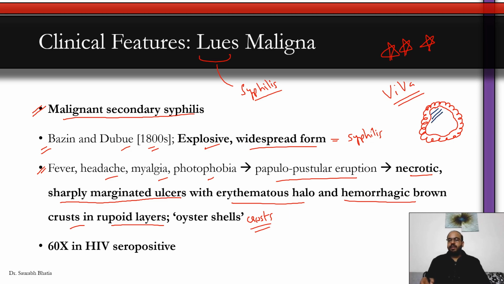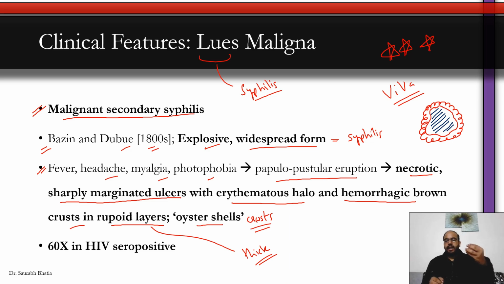Again there is severe inflammatory damage which is occurring, and development of a hemorrhagic, that means blood-filled, brown crust in thick layers. That's what we mean by rupioid, limpet shell-like thick layer crusting. A thick brown crust will be formed on top of them, and those crusts are known as oyster shell crust.